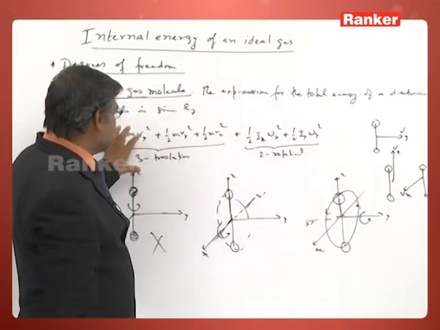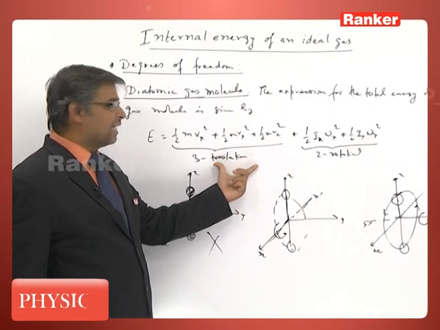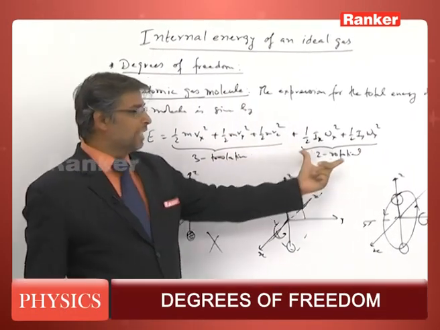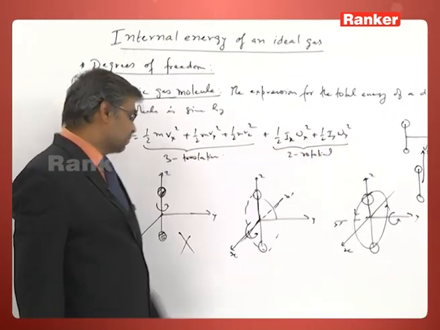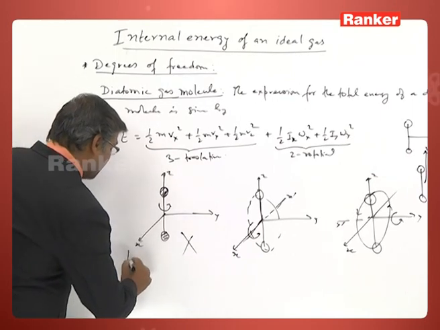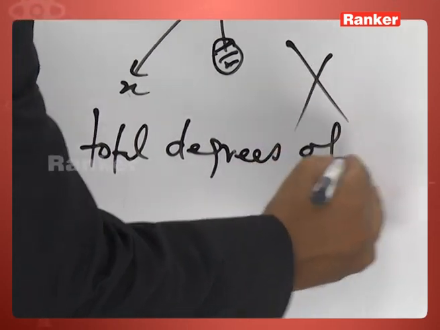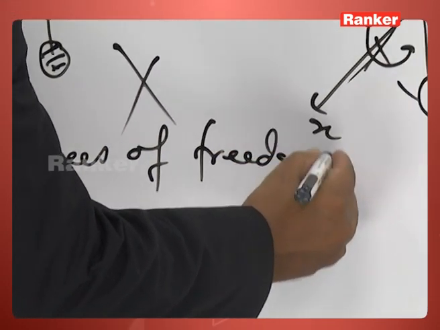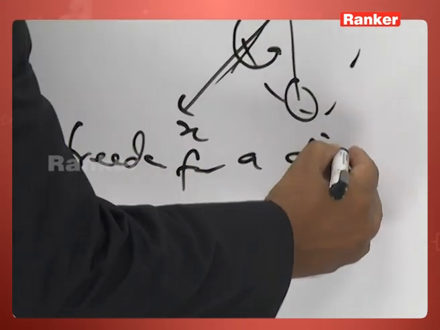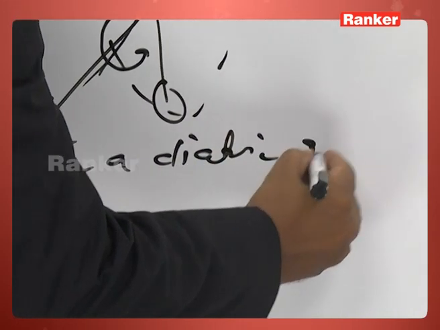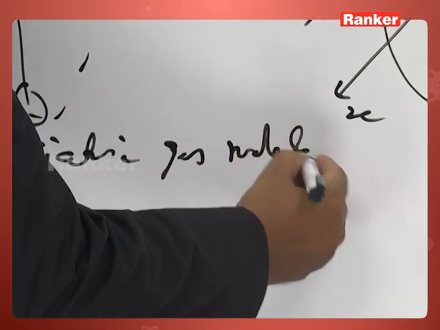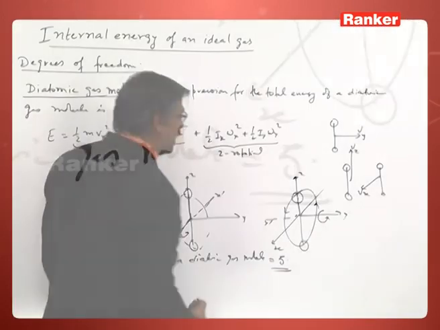That means it has 3 translational kinetic energy terms and 2 rotational degrees of freedom. So, the total degrees of freedom for a diatomic gas molecule is equal to 5. This is the 5 degrees of freedom.